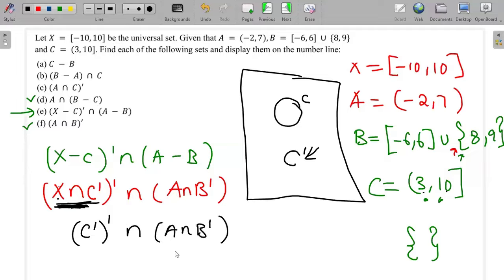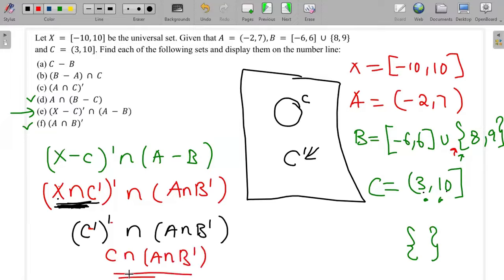Now I can expand the complement. The complement multiplied by the complement is going to cancel, so I'm just going to remain with C intersecting A intersecting B complement.